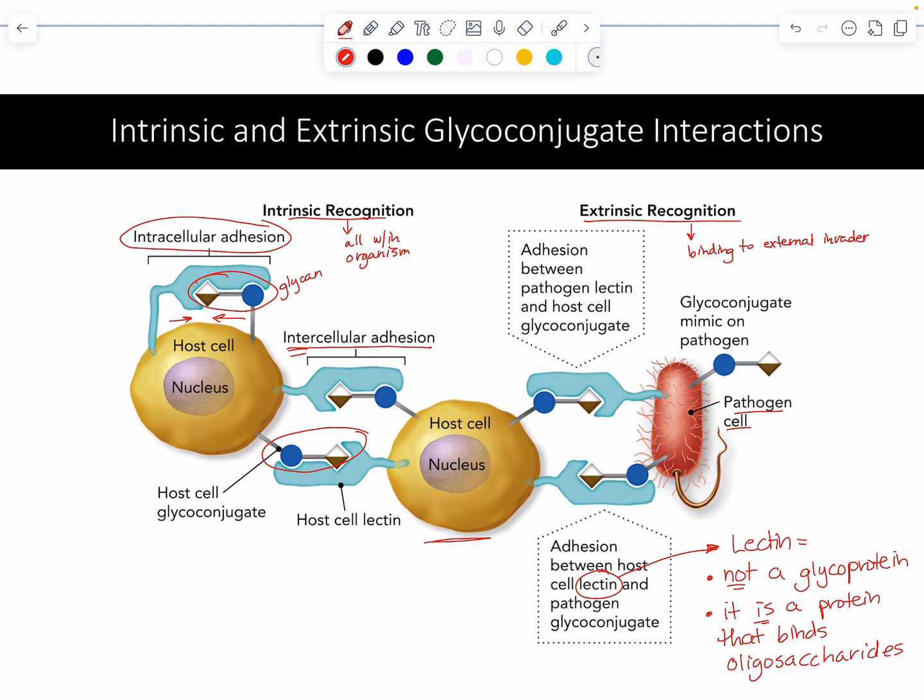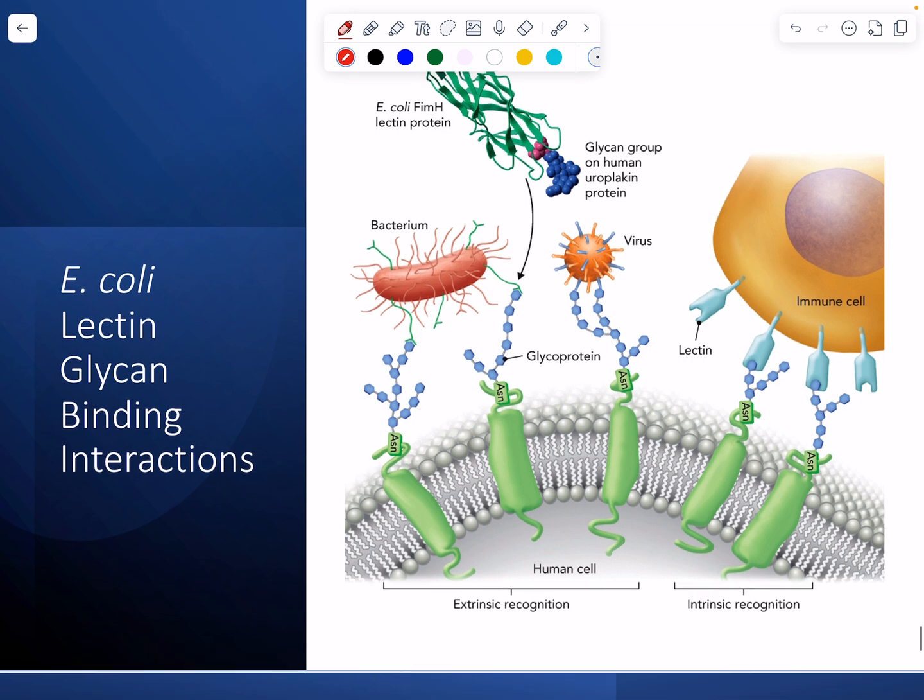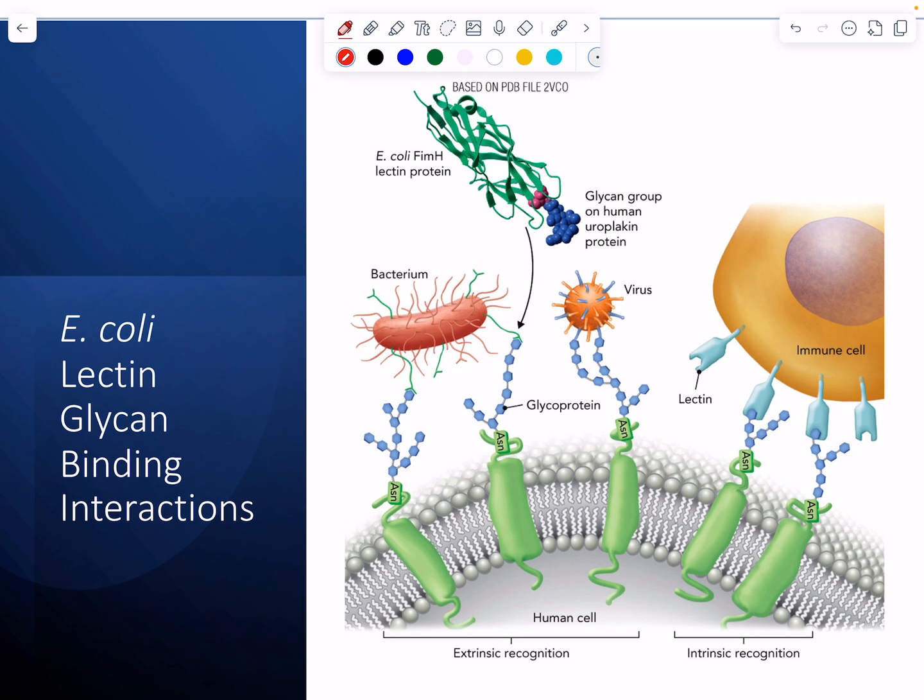Again, they're going to play important roles in recognition. Intrinsic recognition is within the organism, so let's say this is a human cell over here and another human cell. Say this is a liver cell, and this is a cell of the immune system, like a T cell.